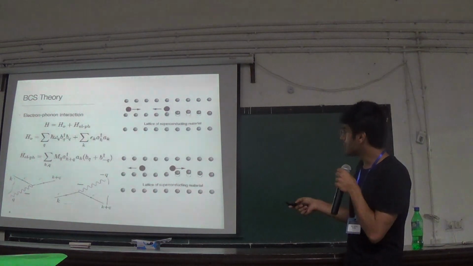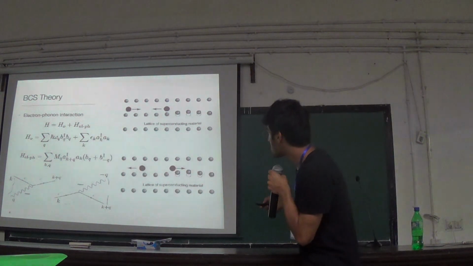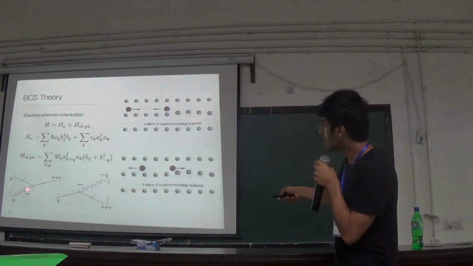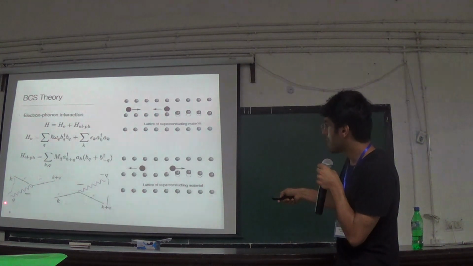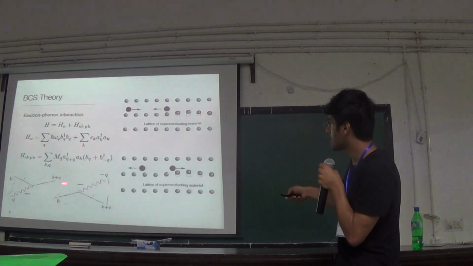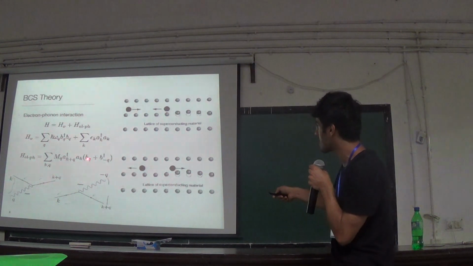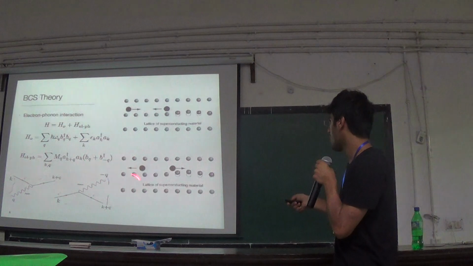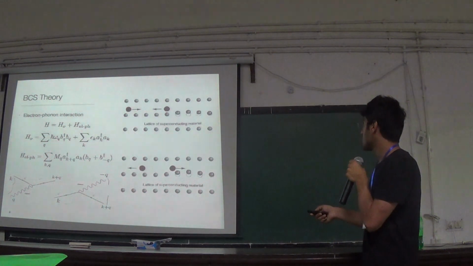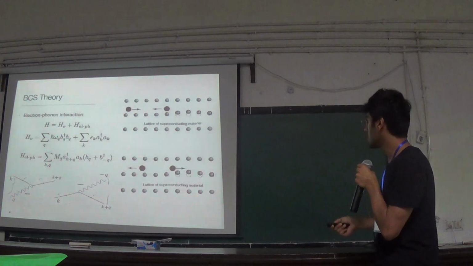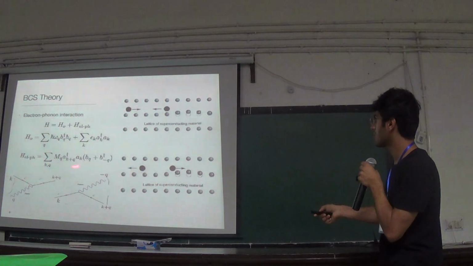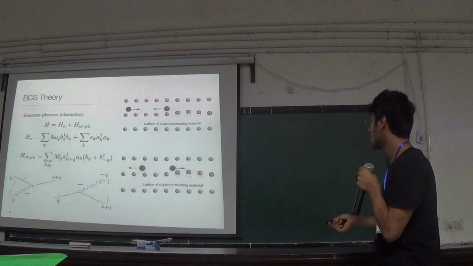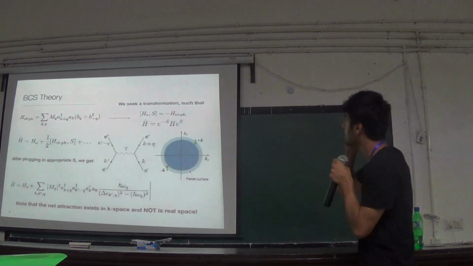You can think of it as an electron absorbing one phonon and changing its momentum. This conserves momentum, and the other way around it can give rise to a phonon as well. This is the coupling which gives rise to superconductivity.